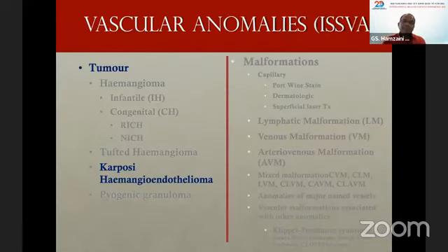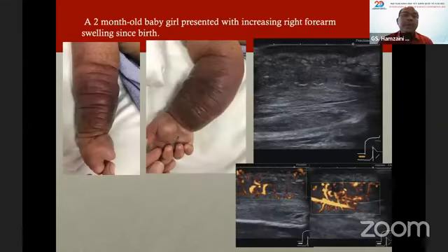Okay, vascular anomalies. The other thing that I would like to highlight is kaposiform hemangioendothelioma. This is a 2 months old baby girl who presented with increasing right forearm swelling since birth. She was referred to us from a private hospital for orthopedic treatment.